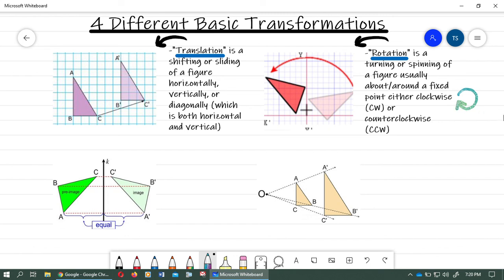All right, and then counterclockwise is in the exact opposite direction. Counter, against, or going the opposite. Counterclockwise, right? Going in the opposite direction. Okay? So again, you got your clockwise direction, the same way that the hands on the clock go.